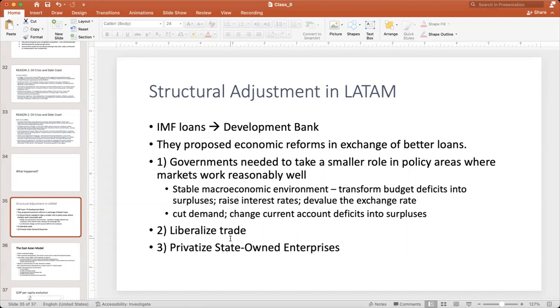But basically, the economic reforms were three. The first one was that the governments needed to take a smaller role in policy areas where markets work well. So the IMF tried to ensure that the governments were not able to intervene in the economies. And because of that, the IMF wanted to pursue a stable macroeconomic environment. And how? In what ways?